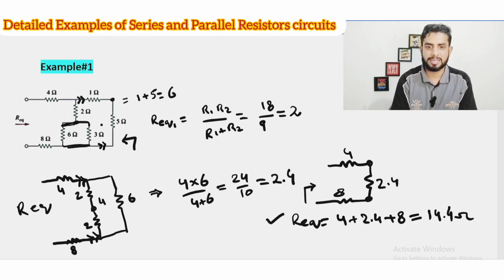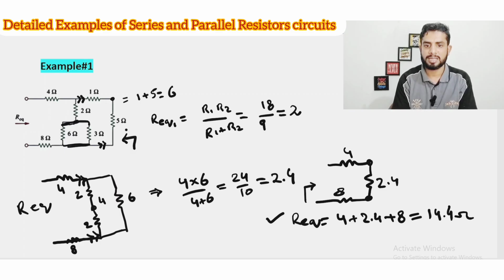So to summarize, in order to solve the resistors, you have to look back in order to find the final equivalent resistance. So 5 and 1 were in series. It was 6 ohm. 6 ohm was here, and you have to solve 6 and 3 in parallel. Their combination was 2 ohm. So 6 ohm was connected up till point A and point B. This is 6 and 2, and their parallel combination was 2.